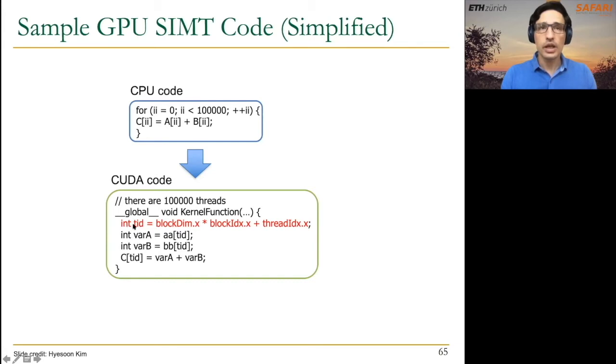And here inside the kernel, we are using a thread ID. The way that we calculate this thread ID is by taking into consideration the thread ID inside each block, the block ID among all the blocks that we are launching on the GPU, and the block dimension. This way we calculate this ID. We are essentially assigning one element of A and one element of B to each thread. We load these elements from memory into some temporary variables. We add these temporary variables and store the result in C.